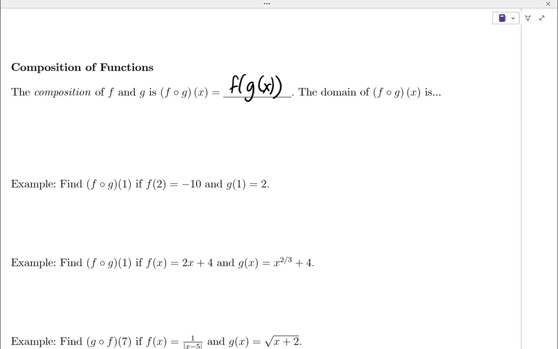When we're worried about the domain, usually we just write it in words, but we'll do it after we've actually done the operation. Where does the X go into first in this composition? In the G, right? So the X has to be in the domain of G to start with.